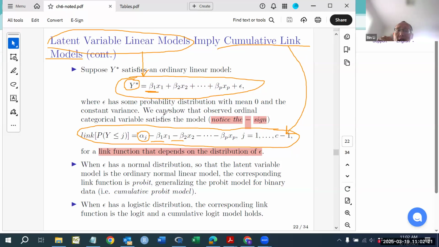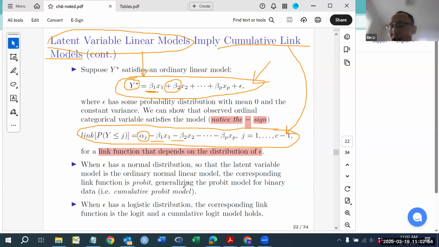When we interpret, you have to be very careful, depending on what the model shows. If the model shows you the latent variable linear model and you interpret it using the cumulative link model, make sure you know that the beta is actually negative in the cumulative link model. So that's the relationship.